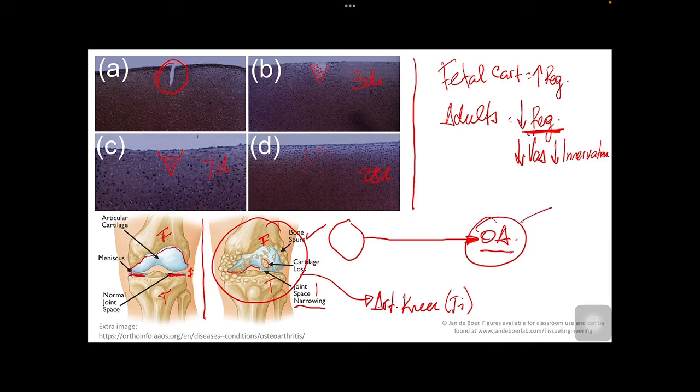And osteoarthritis has different phases or stages, stage one, two, three, four. And the more you progress into the phases, the less effective the tissue engineering strategies are, and then surgery is the only solution.